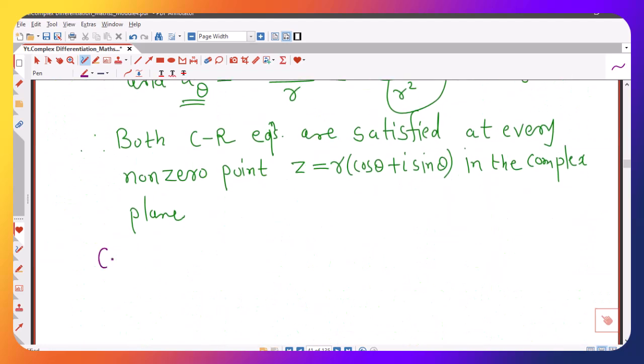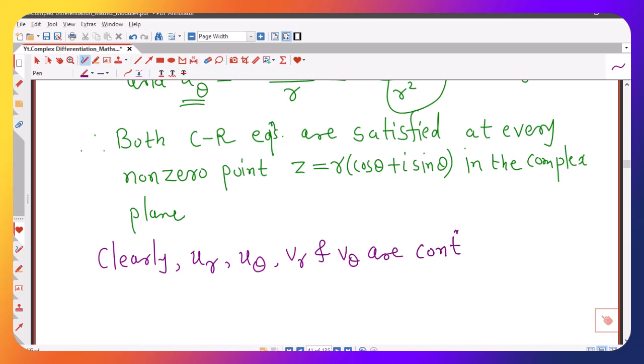So we have to just mention that clearly these partial derivatives del u by del r, del u by del theta, del v by del r and del v by del theta are continuous at every non-zero point z in the complex plane.